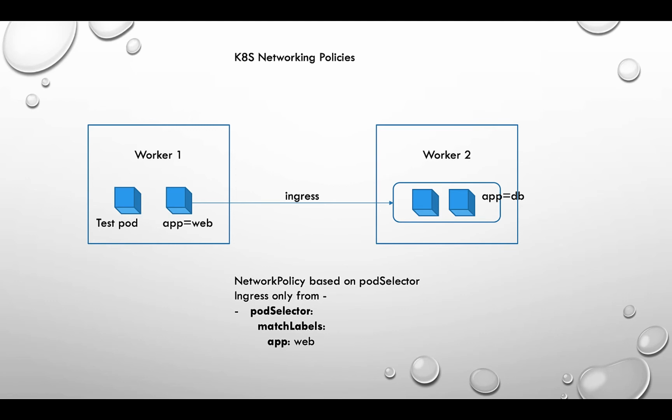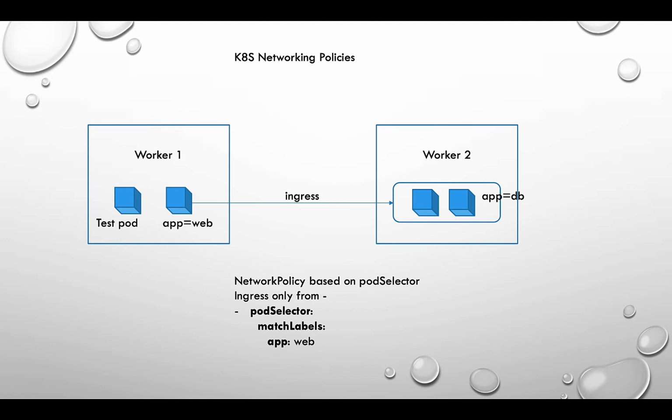I'm just showing the nodes here, but the pods can run on any node because that's controlled by the orchestrator, which is Kubernetes. We don't control which pod runs on which worker. So I will run a pod with the label app equal to web. It can be just a sample nginx pod.